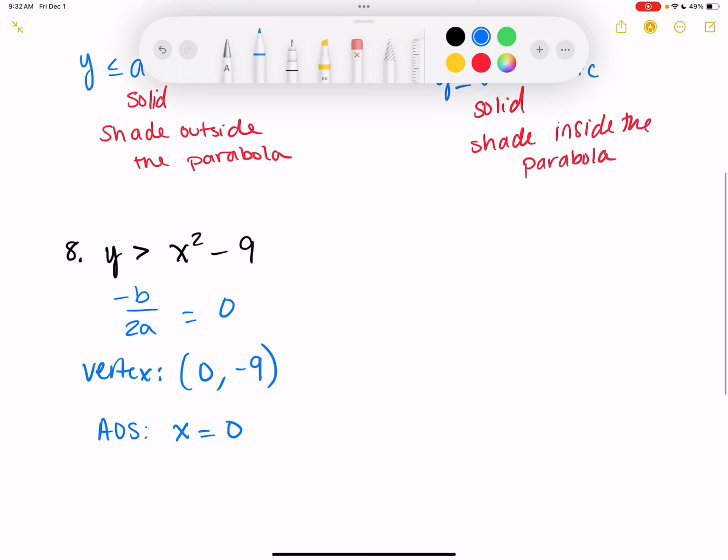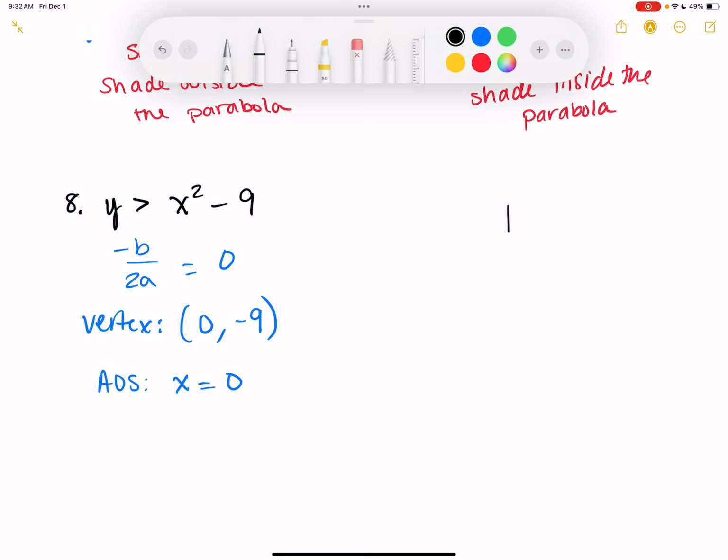So I'm going to set up my graph over here. Now, I know I've got to go all the way down to -9, so I'm going to make my graph a little bigger on the bottom. So vertex at (0, -9), so it's down here.